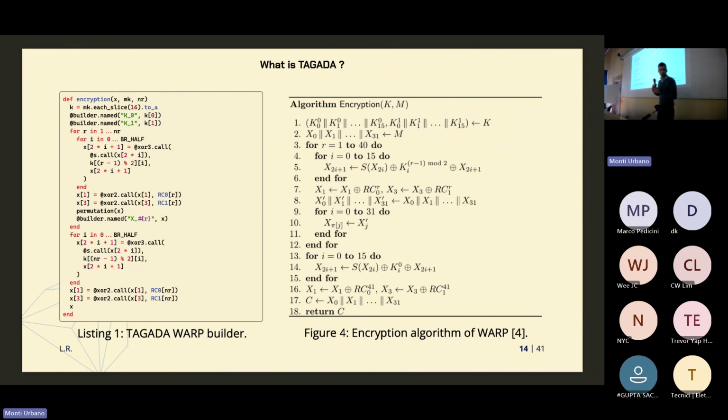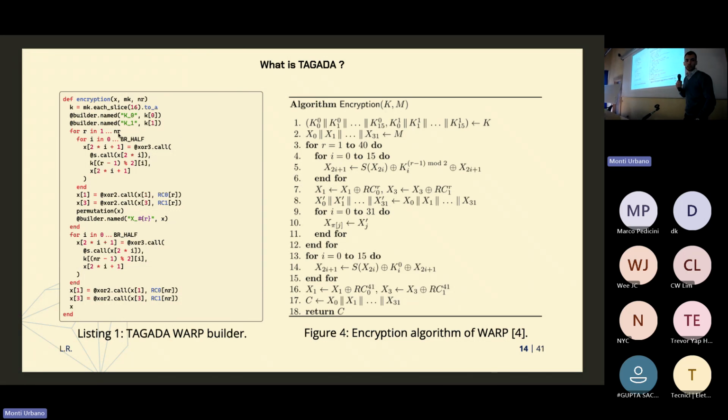This is done with this line here, where we make a slice of 16 bytes for the key, and after that we use the two subkeys, key 0 and key 1. The implementation is quite a straightforward transformation of the description of the cipher. We just have a few helpers that allow us to rename the variables in order to easily debug the solution. So we have the two keys here.